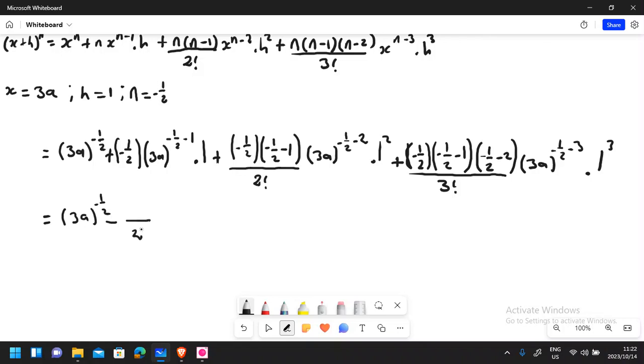This is gonna be 2, and then we know that this is gonna be 3a. Yes. Right. So what about the exponent? It is negative half minus half, which is gonna be 1.5. So what is 1.5? It's gonna be 3 over 2, but negative. All right. So multiply by h. So h is really not that important, guys. It's just 1. So you don't have to stress yourself about this one.